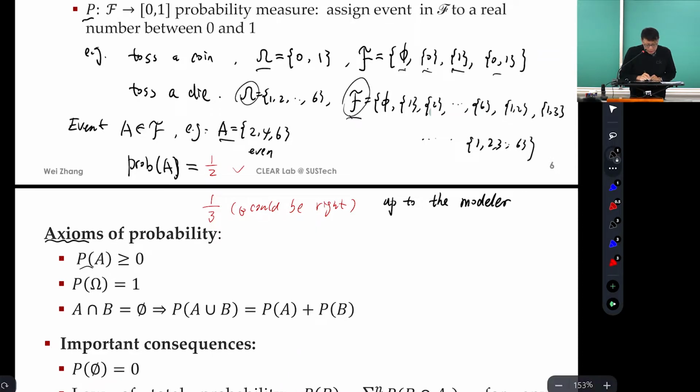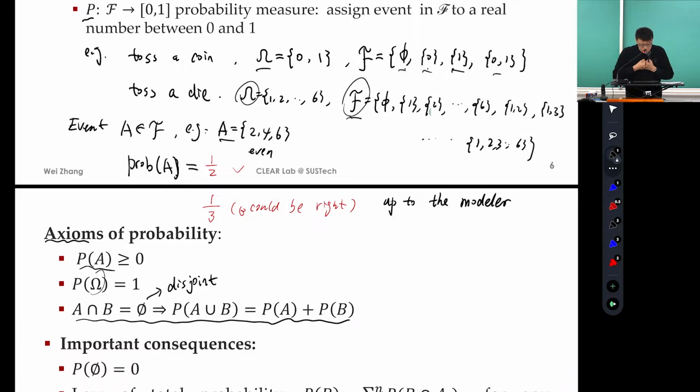First one, probability of any event has to be bigger than or equal to 0. Probability of the whole sampling space is 1. This one is important: if A intersect B is empty, that means they are so-called disjoint; their intersection is empty.